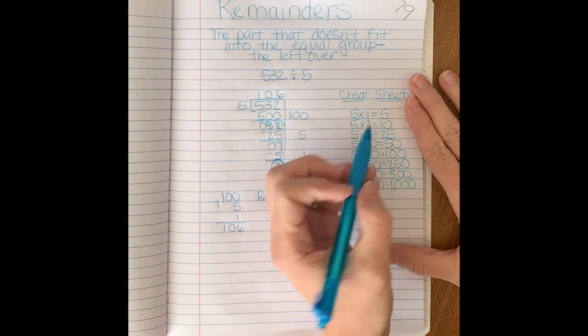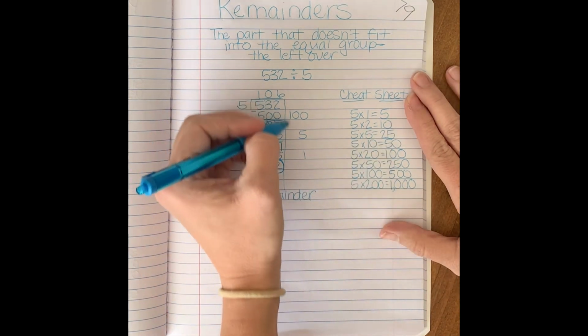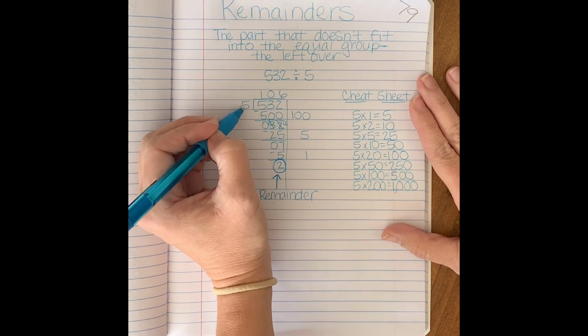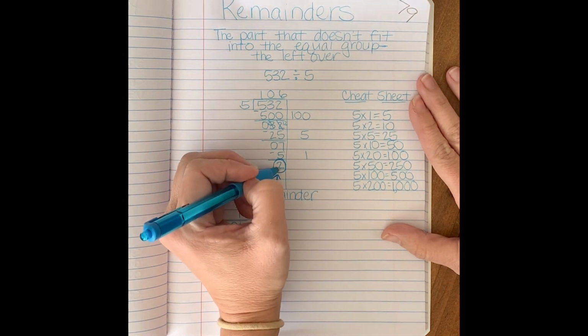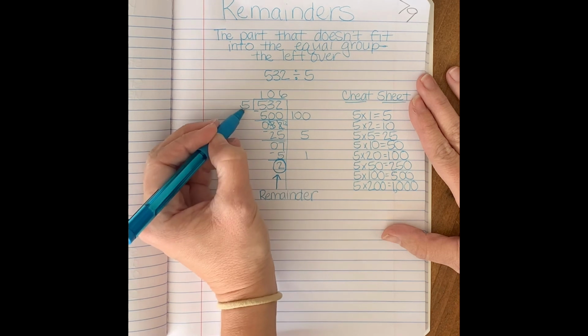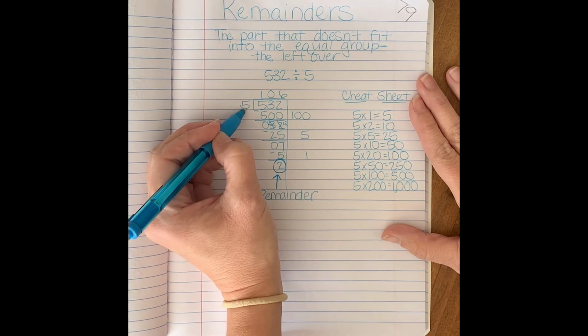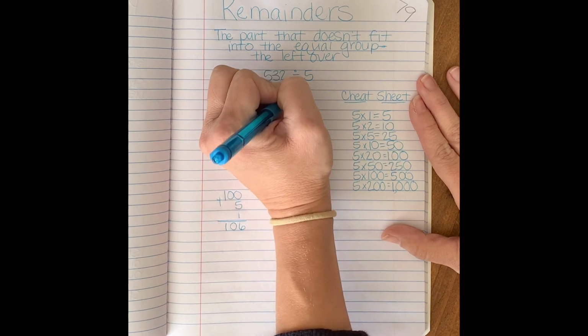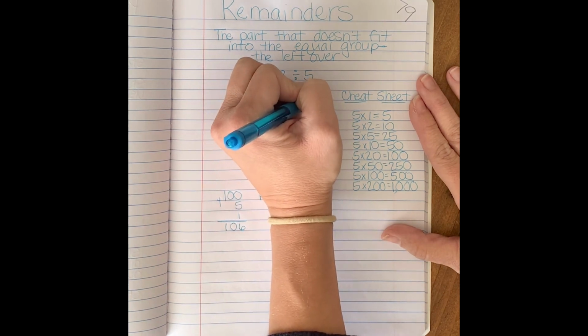Remember when I told you whatever's in here is what the bank has and this is what you need? If the bank only has $2 left, they cannot give you $5. They can't give you more money than what they have. So this is the remainder of 2.